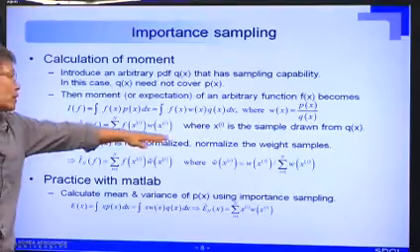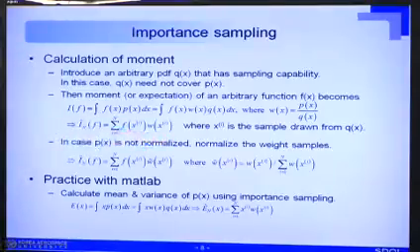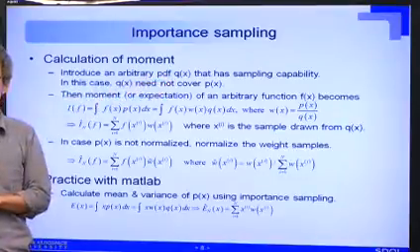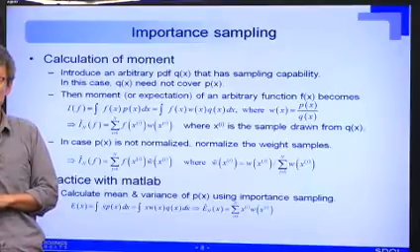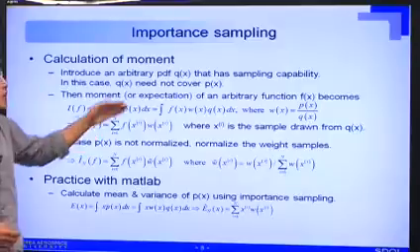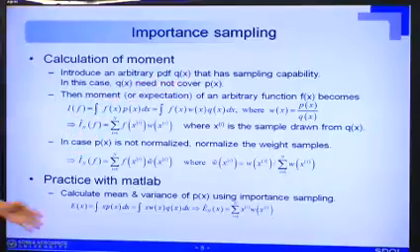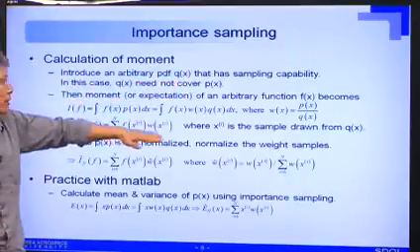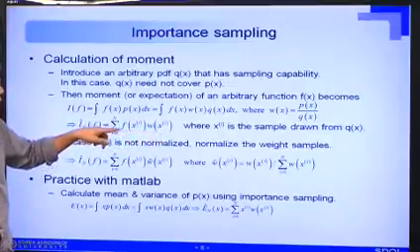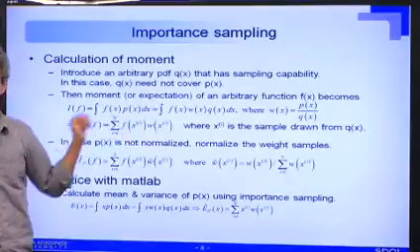And here, the thing is, we first generate samples from the proposal distribution Q. So we have a large number of samples following Q, and at each individual sample point, we can calculate fx and wx.